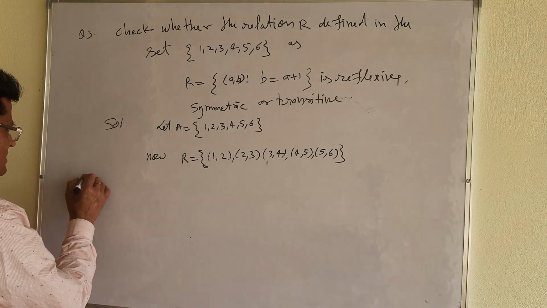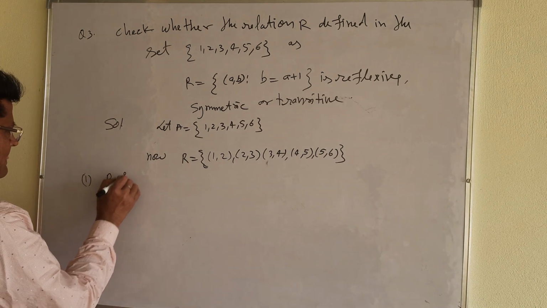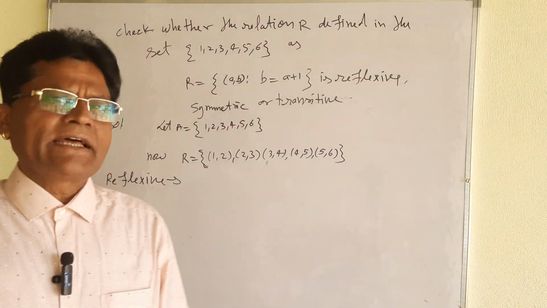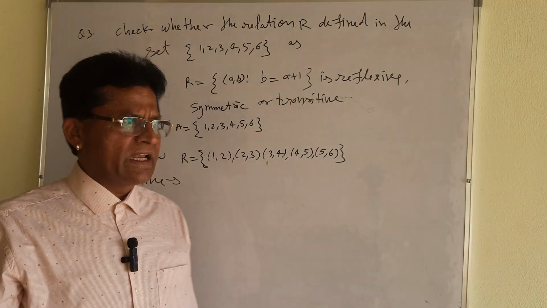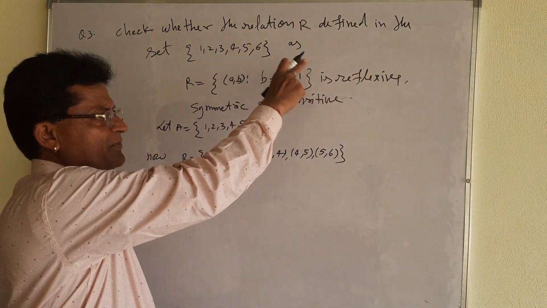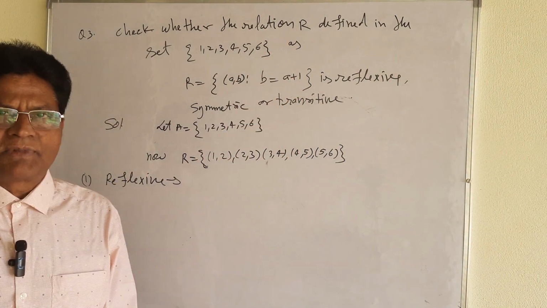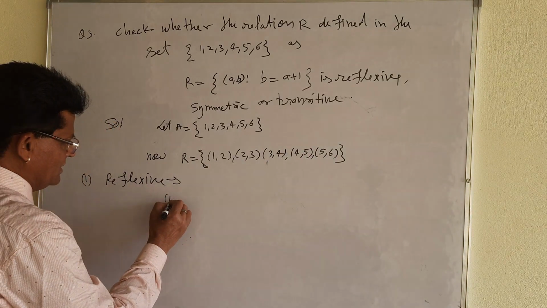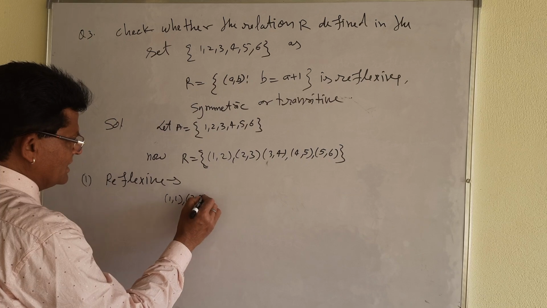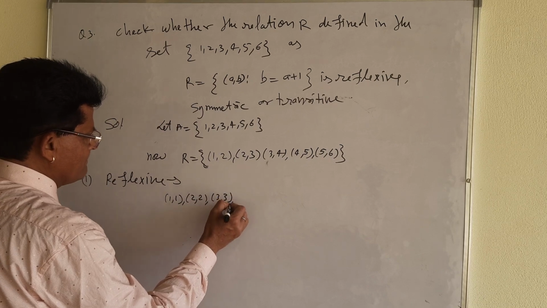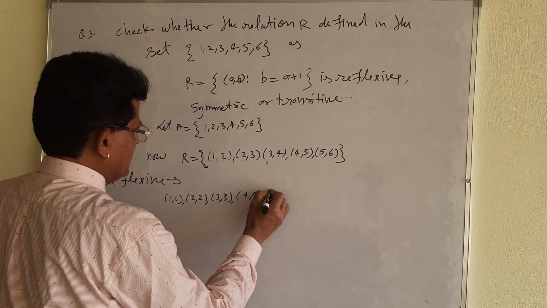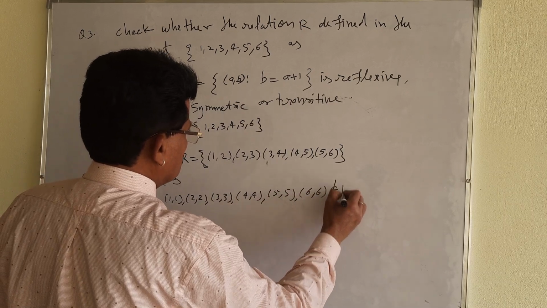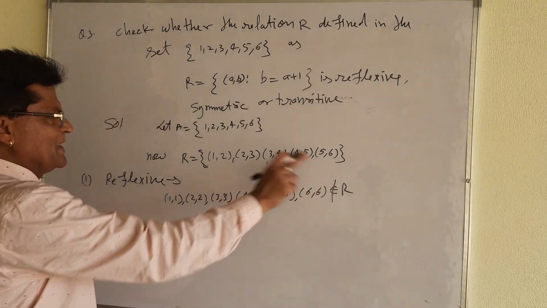Let me take the first, reflexive relation. Let us prove whether it is reflexive or not. I told you, for a reflexive relation, (1,1), (2,2), (3,3), (4,4), (5,5), (6,6) should be there in the relation. But no one is there, you see. That is why (1,1), (2,2), (3,3), (4,4), (5,5) and (6,6) do not belong to R. Not one pair is here.